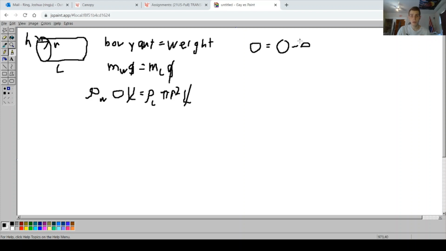Now, our only unknown variable is the part above the water, so we know that that is equal to the circular sector, minus the area of the triangle underneath it. So this will allow us to solve for the density later.